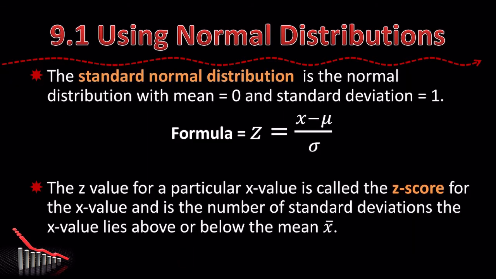But the question is, what if what you're trying to measure, find the probability of, is not right on one of those lines? Well, never fear, we have what's called the standard normal distribution. It's the distribution with mean 0 and a standard deviation of 1.